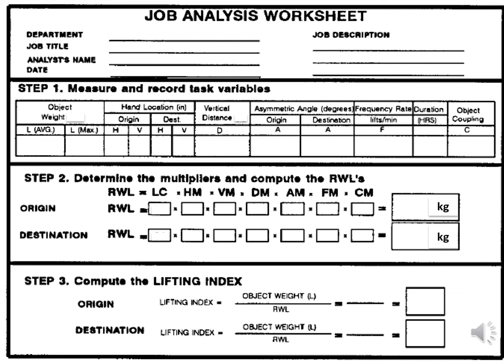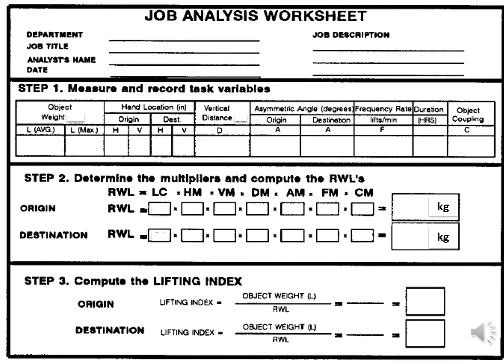If you can see, there is step 1, step 2, and step 3. Step 1: measure and record task variables. In step 1, there is the object weight, the weight of the object lifted in kilograms, as load average or load maximum.